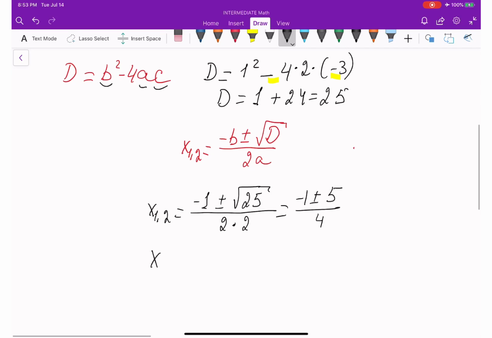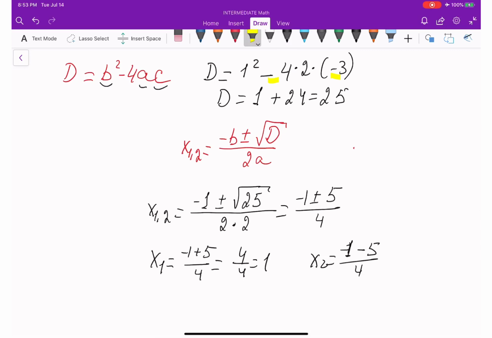So x1 is equal to negative 1 plus 5 over 4. That is 4 over 4, which is 1. x2 is negative 1 minus 5 over 4. I'm separating this plus and minus.